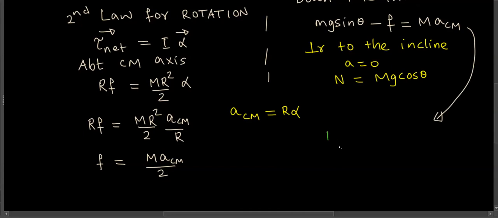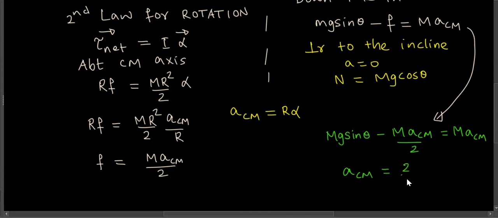mg sine theta minus M ACM by 2 is equal to M ACM. Now I think this we can solve, right? So this is like 3 by 2. If M ACM by 2 goes to the right hand side, that's 3 by 2. So mass disappears.